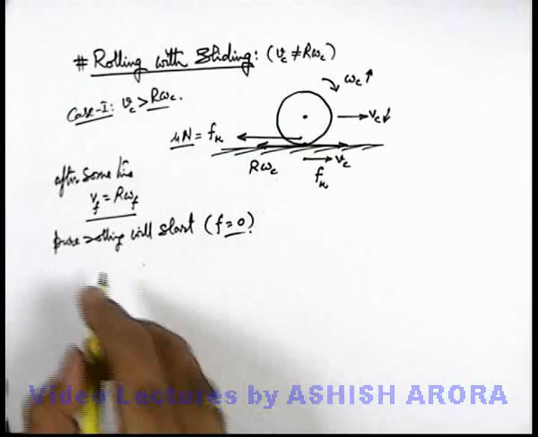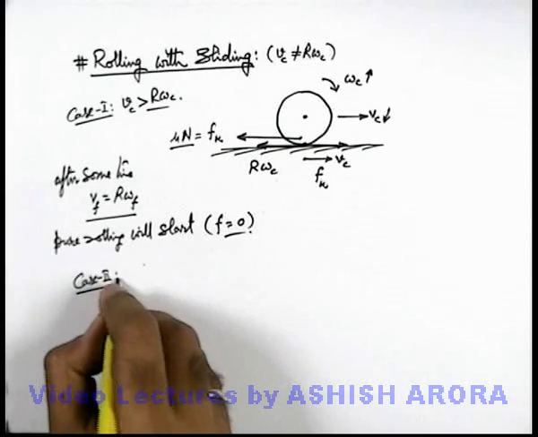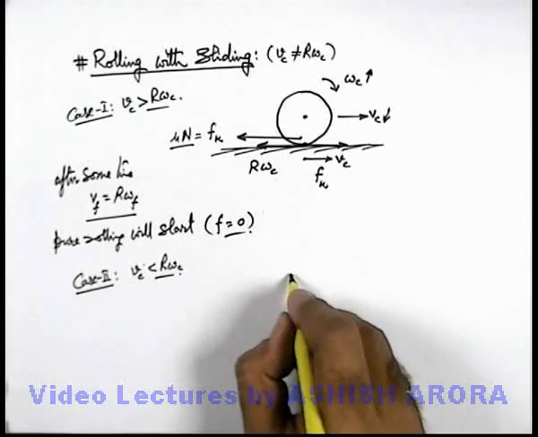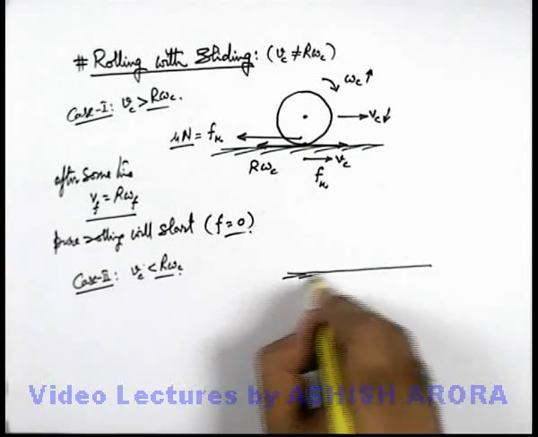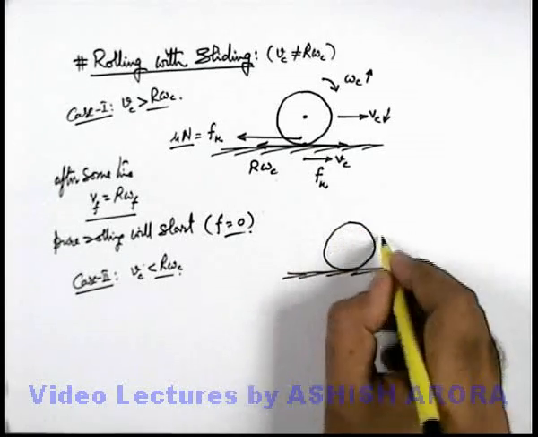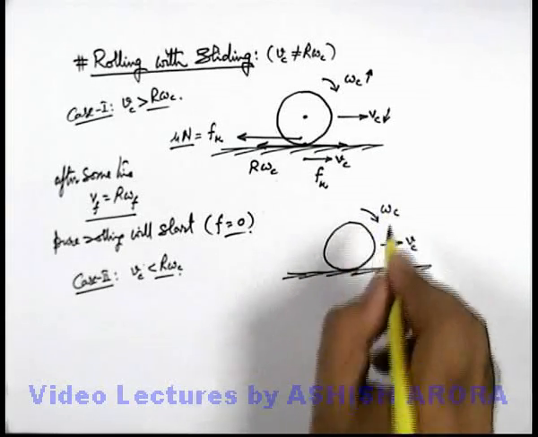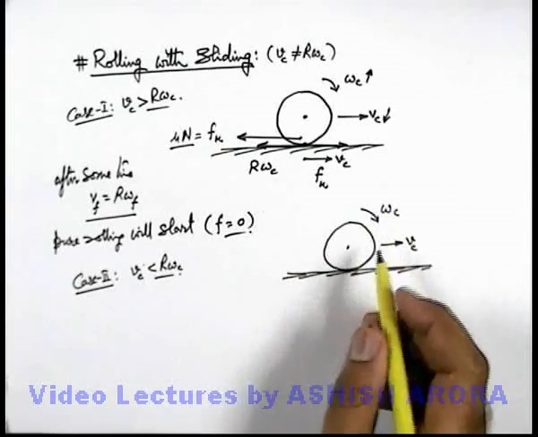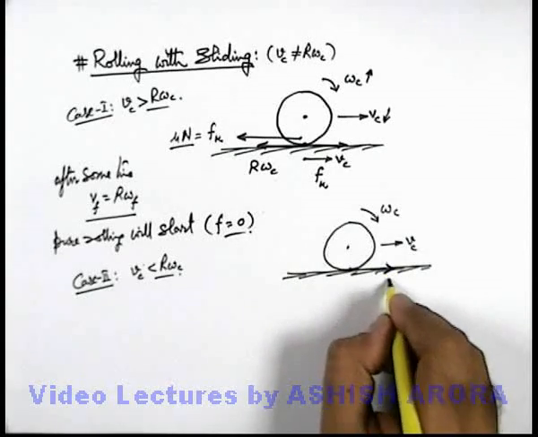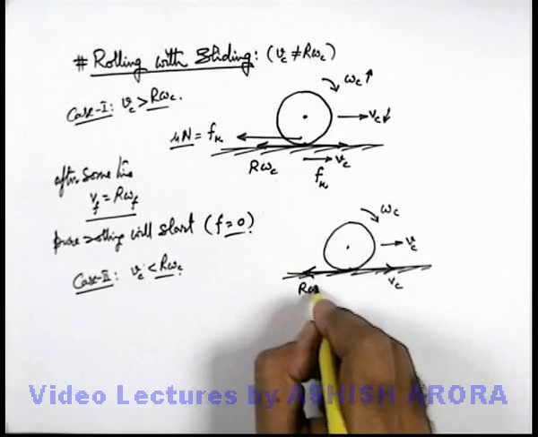In a similar manner, we can talk about the second case also, when Vc is less than r omega c. We consider a situation similar to the above. If there is a round shaped object having a translational speed Vc and angular speed omega c, but in such a way that Vc is less than r omega c, then for the bottommost point of contact, Vc is in forward direction and r omega c in backward direction.